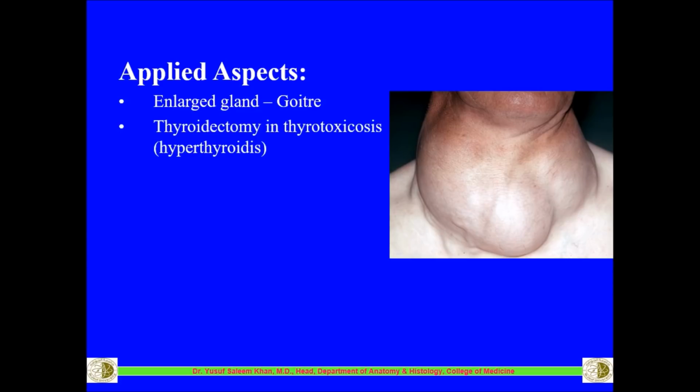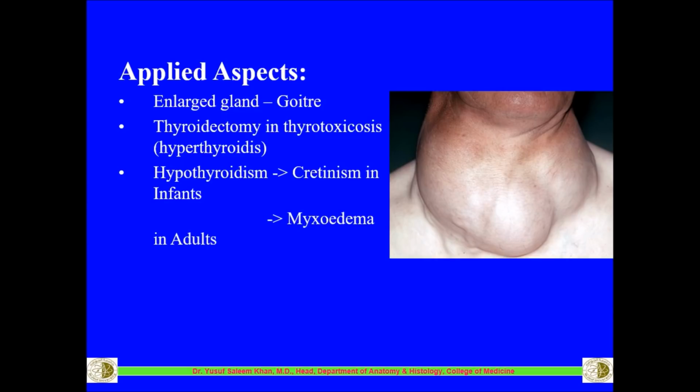Whenever there is thyrotoxicosis, then you are supposed to do the thyroidectomy. And if there is hypothyroidism, then it leads to cretinism in case of the infants. So those infants will be called cretins.